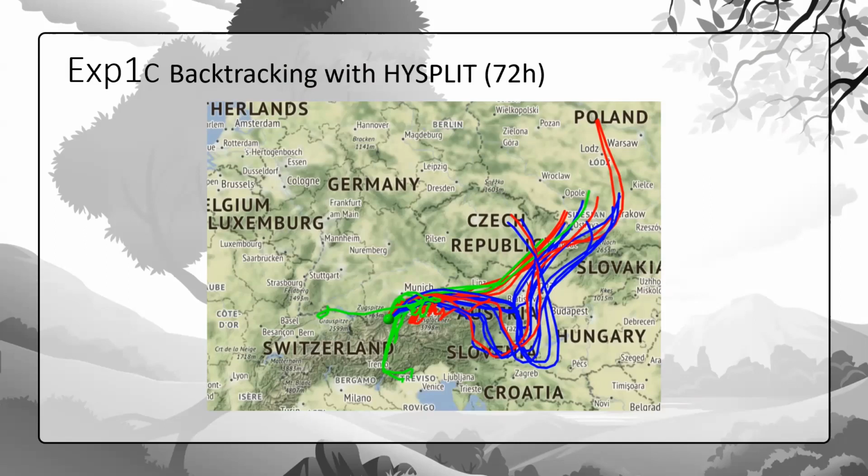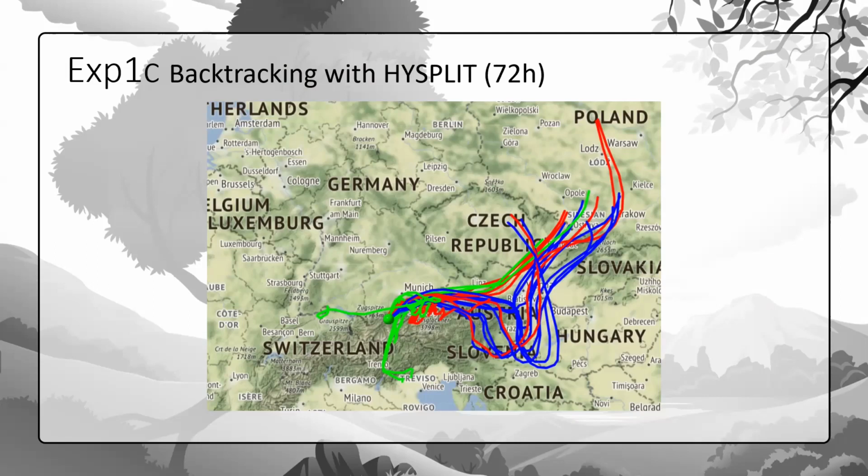But as you can see, playing around with the HYSPLIT model and going back 72 hours, you can say some of them have their origin in the Polish area, and some of them are close by. The green dot is where the collection started, basically.